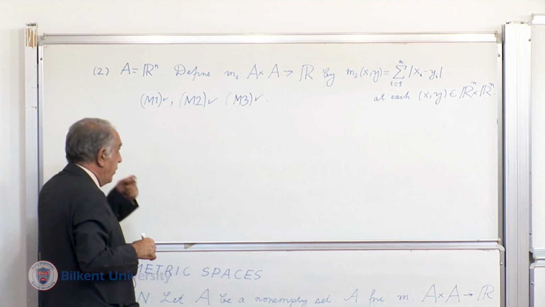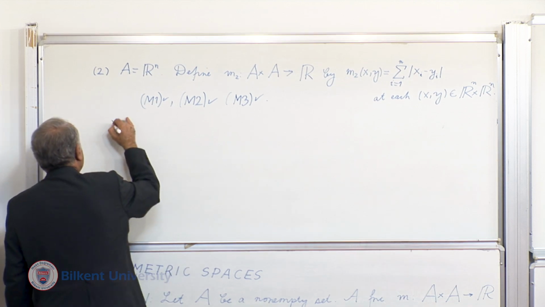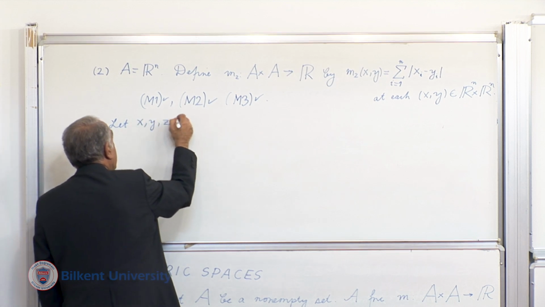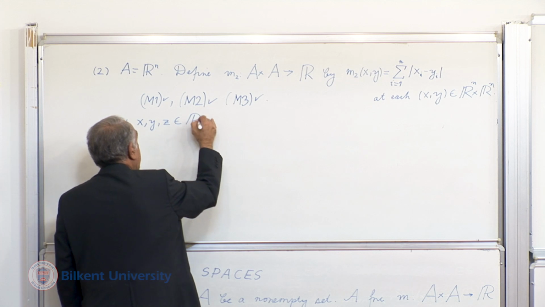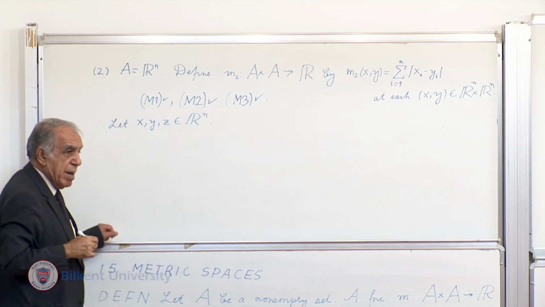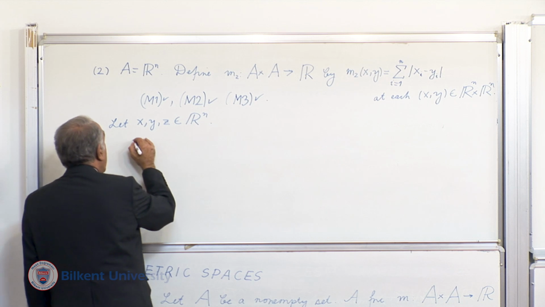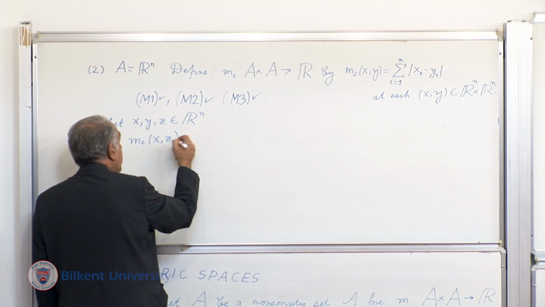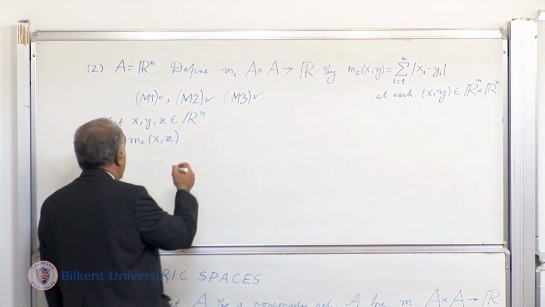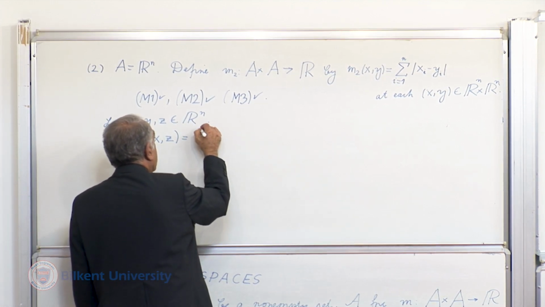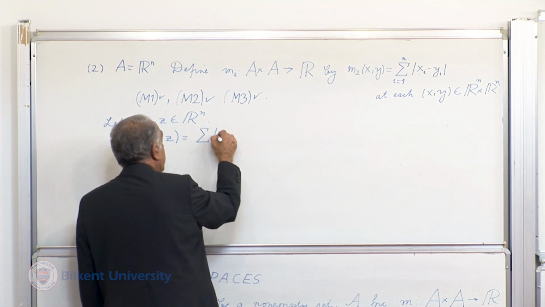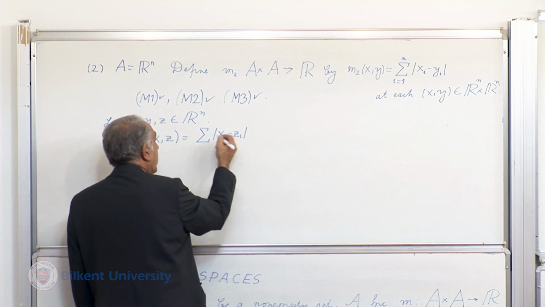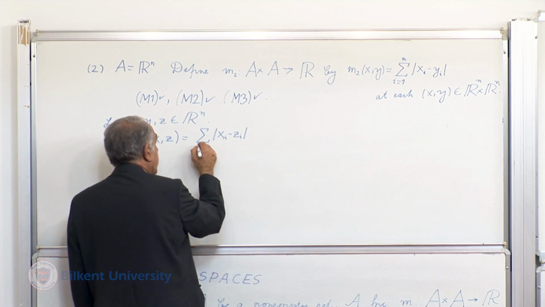Now let's check M4. Let x, y, z be any three members in Rn. Now M2 of xz, by definition, will be the sum of the absolute values of the difference of the components.